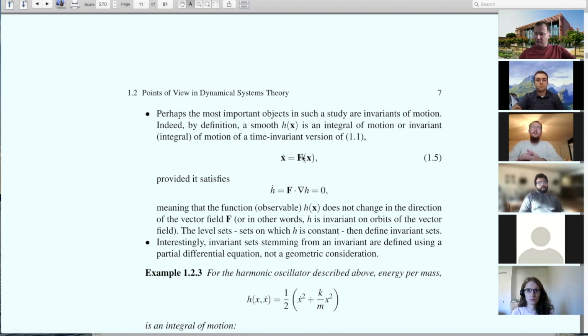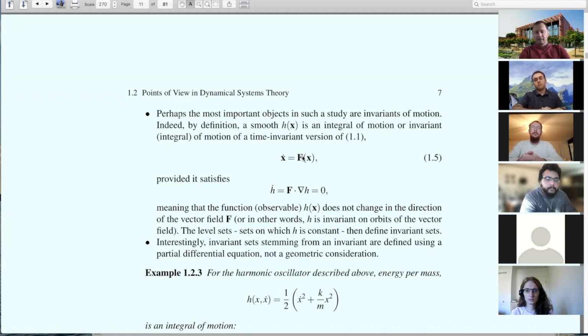Is there anybody with neuroscience or biology background here? A little bit, okay. So all of you have background in physical sciences, and if we find an invariant, for example, energy, that turns out to be an important quantity in whatever point of view you'd like to view it at.